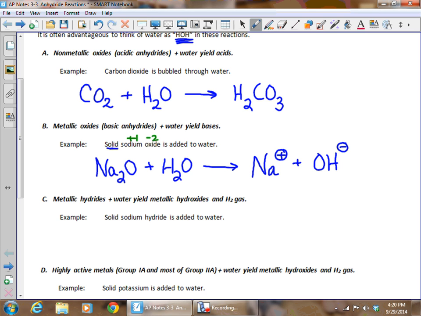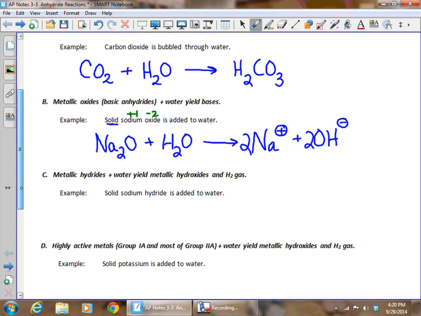Now don't forget, if it splits, it gets a charge. That's our little saying, so don't forget that. We also need to balance it. Looks like we need 2 for the sodiums. And if you'll look, we've got 2 hydrogens and 2 oxygens on the left-hand side. So if we put 2 hydroxides, we'll be good there. So that's our basic anhydrides or metallic oxide reaction.